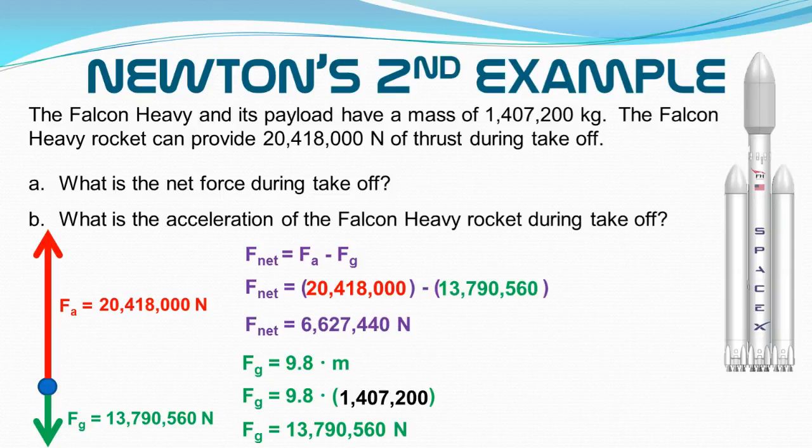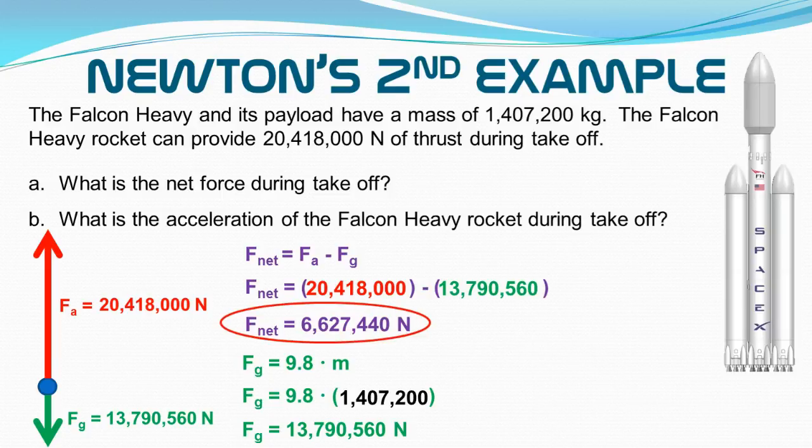That's going to give me a change or a difference of 6,627,440 newtons. That extra amount of force is pushing up. That means that the rocket is pushing with 6 million newtons more than gravity's pulling down on it. These unbalanced forces cause the rocket to accelerate.